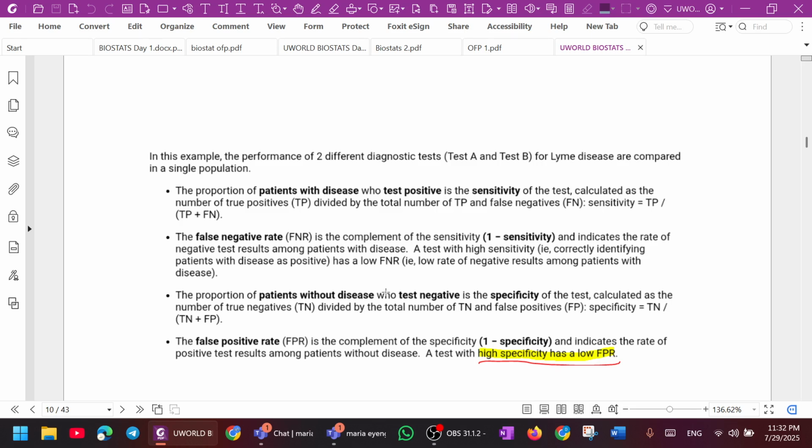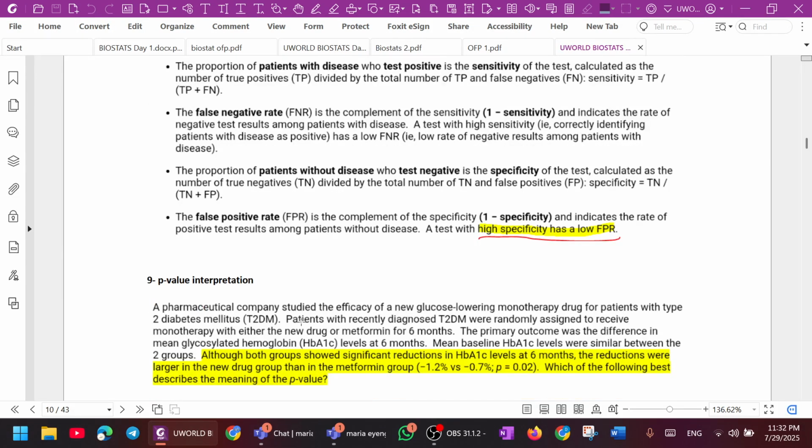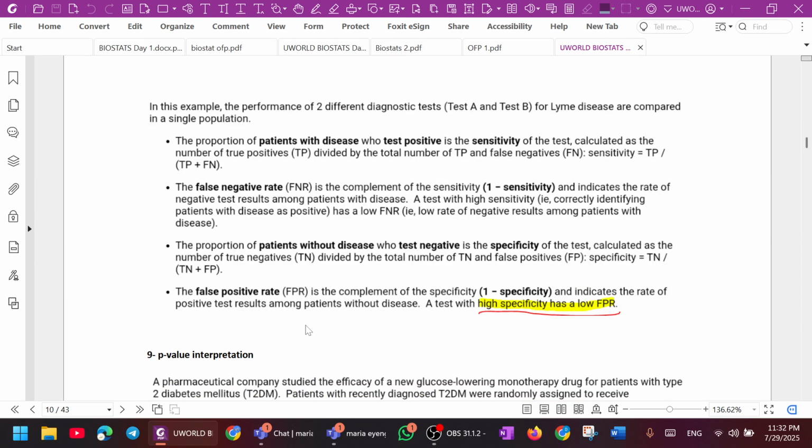The false positive rate is the complement of specificity. So false negative is the complement of the sensitivity, 1 minus sensitivity, and false positive is the complement of the specificity, 1 minus specificity. It indicates the rate of positive results among patients without disease. A test with high specificity has a low false positive rate. Can you please explain?